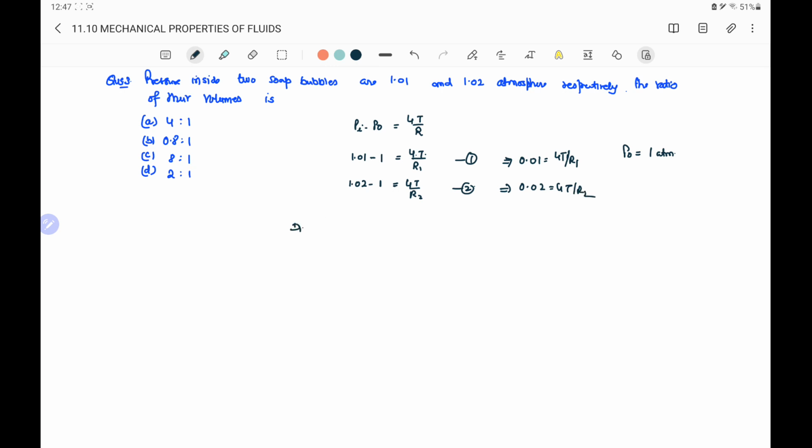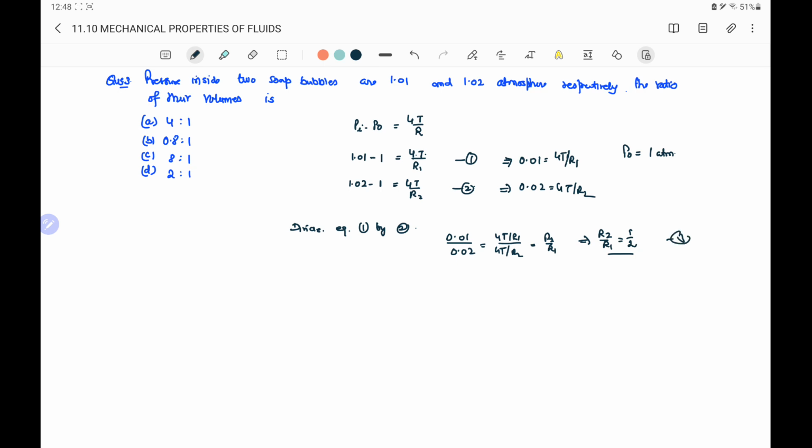Now dividing equation 1 by equation 2, we have 0.01 divided by 0.02 equal to 4T by R1 divided by 4T by R2. It is equal to R2 by R1. This implies that R2 by R1 is equal to 1 by 2. This is equation number 3.